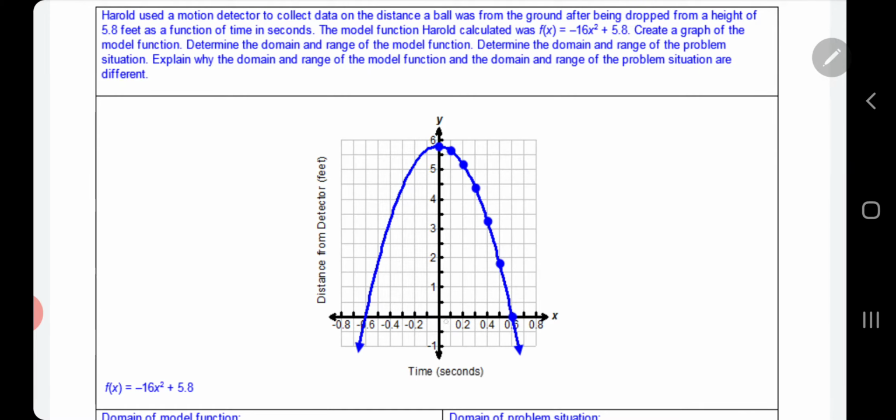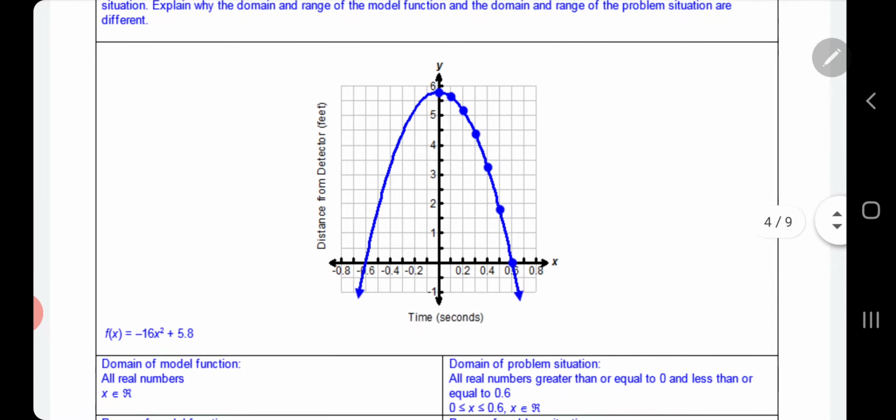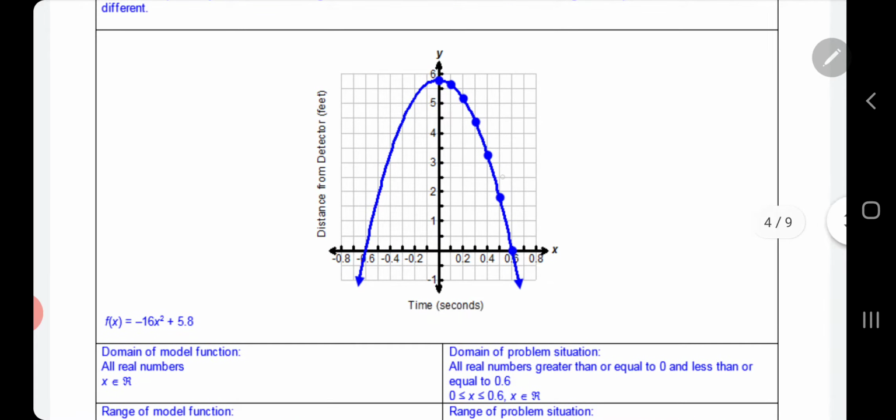He started at 0 seconds and ends at, looks like right here, 0.6 seconds. So our domain, and once again it's continuous, is between 0 and 0.6. So x is greater than or equal to 0, but less than or equal to 0.6. Once again, the amount of time that it took for the ball to fall.